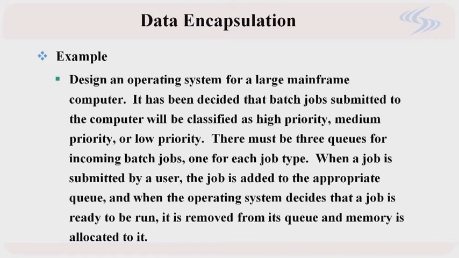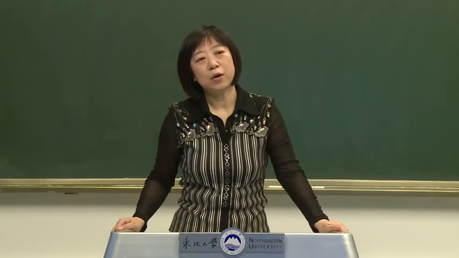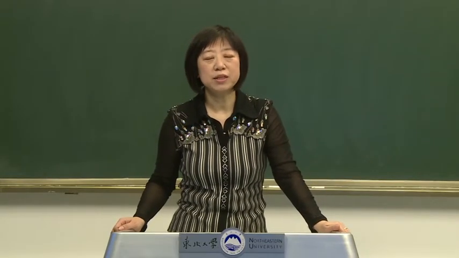When a job is submitted by a user, the job is added to the appropriate queue, and when the operating system decides that a job is ready to be run, it is removed from its queue and the memory is allocated to it. Surely this is quite a common problem for all operating systems.